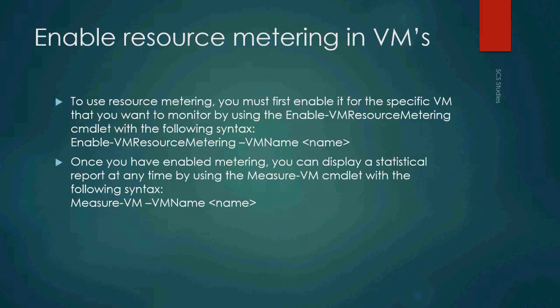To use resource metering, you must first enable it on the specified VM that you want to monitor by using the Enable-VMResourceMetering cmdlet with the following syntax: Enable-VMResourceMetering -VMName, and you have to put the server name here. Once you have enabled the metering, you can display the statistical report at any time by using the Measure-VM cmdlet.